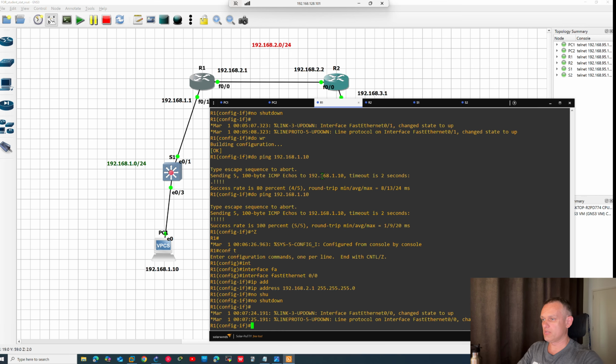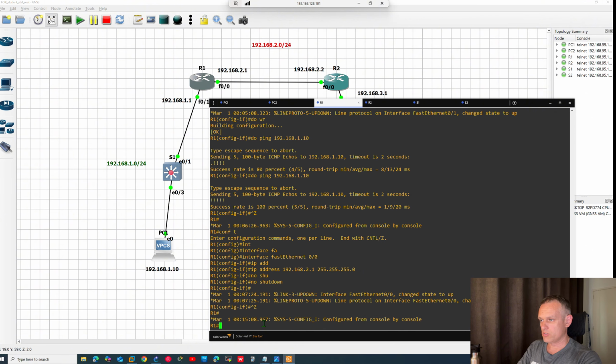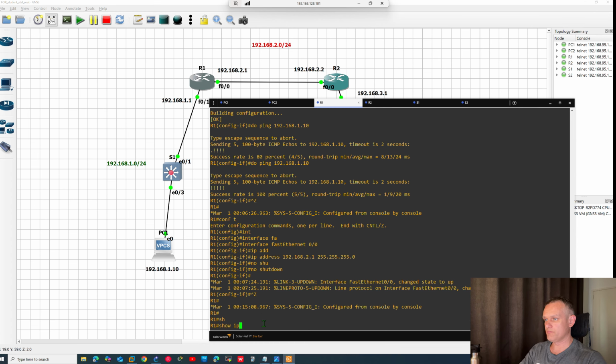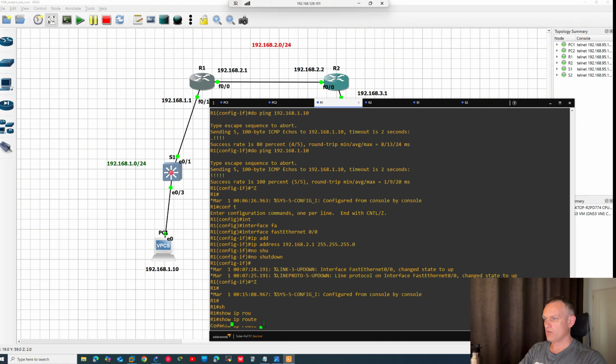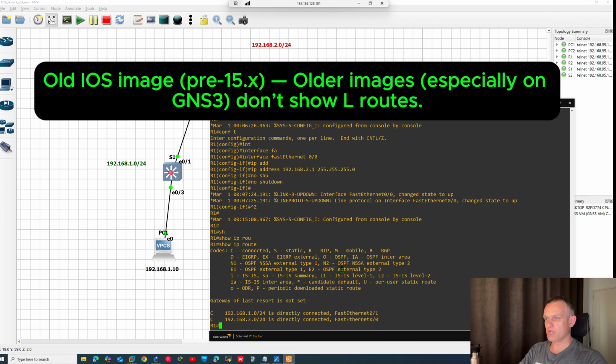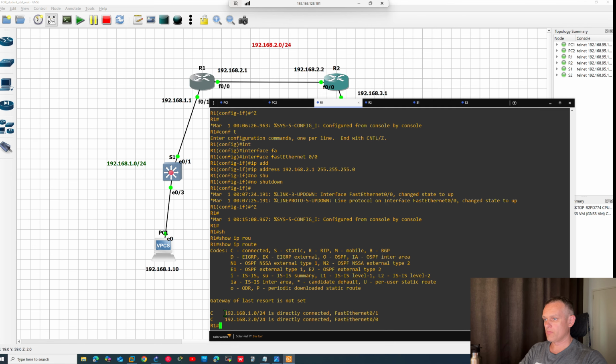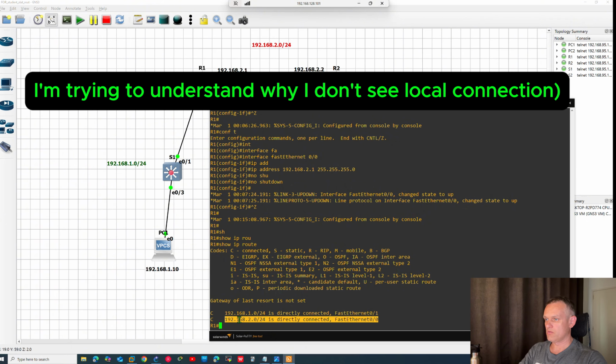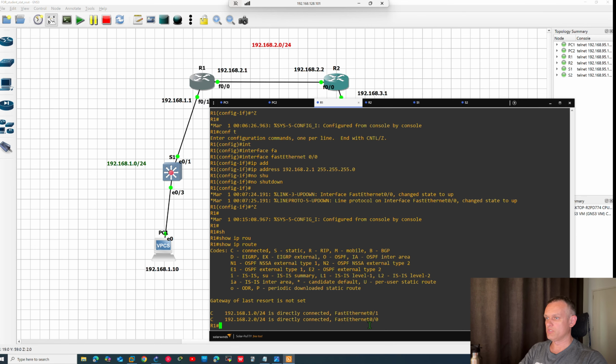Control Z, then show ip route. We have this table. We have this network directly connected, and we have this network which is directly connected, from two sides.